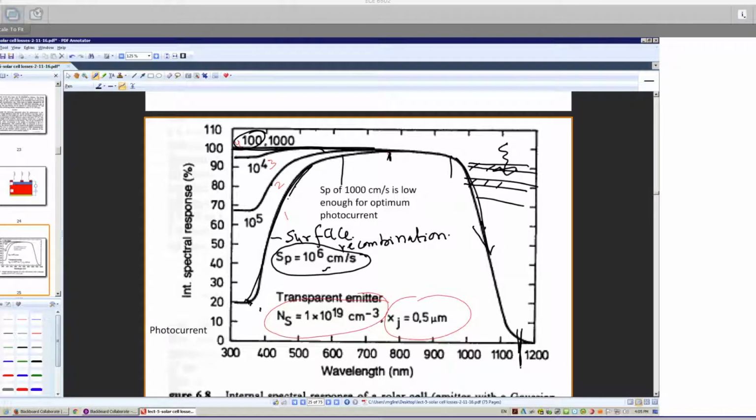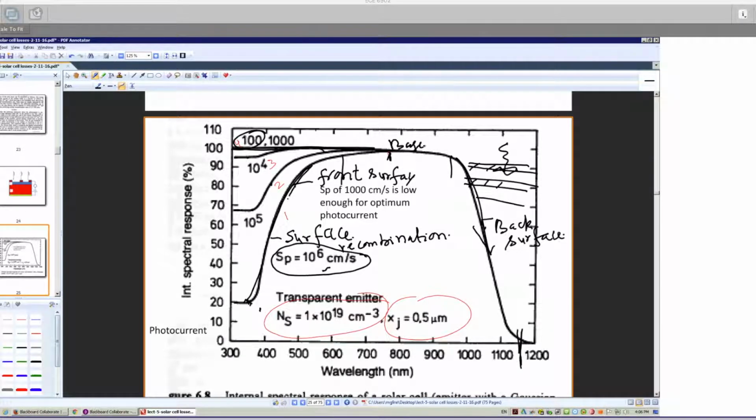The back surface, that's right. So this part is the front surface, this part is the back surface, and this is more of the base. So you see that surfaces, front and back, can cause the efficiency to go down.